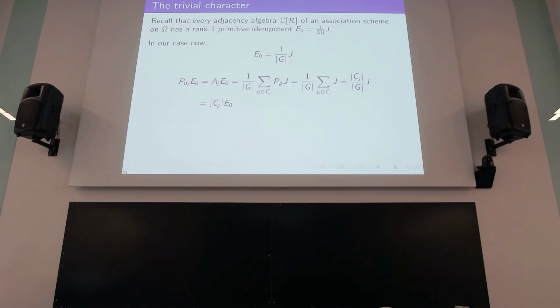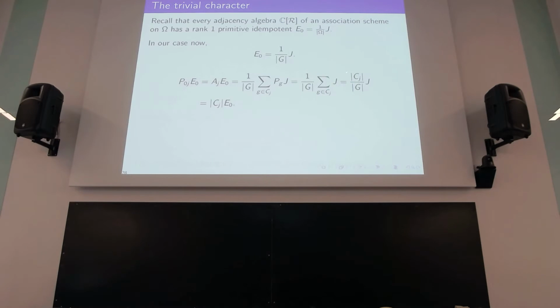But what happens if you multiply a permutation matrix with the J matrix? The effect of multiplying a matrix with the J matrix is nothing but taking the row sum, but the permutation matrix has exactly one 1 in every row, so this P_j times J is just J itself.